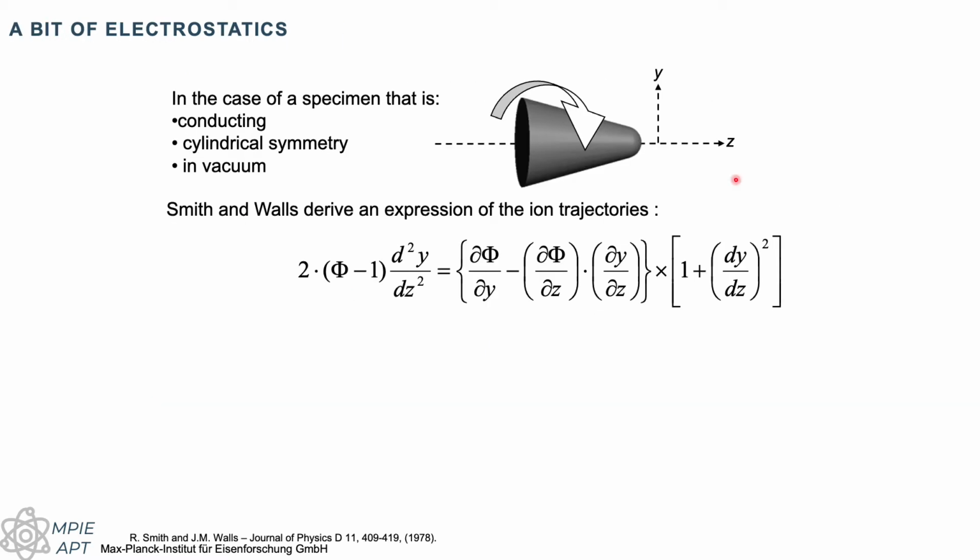How come we can use this? We can use this because the trajectory of the ions can be fully calculated in principle.